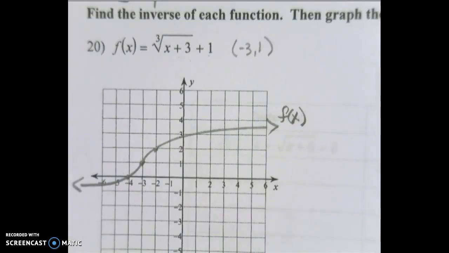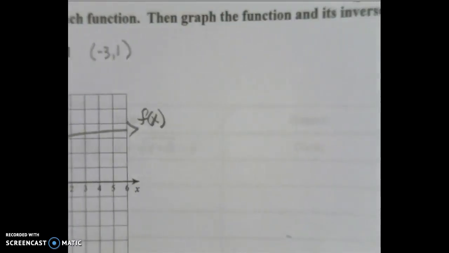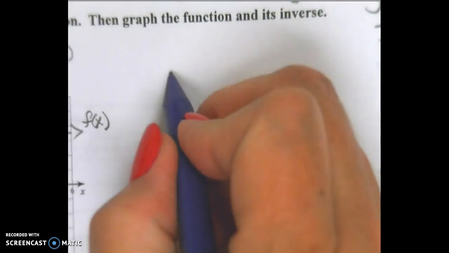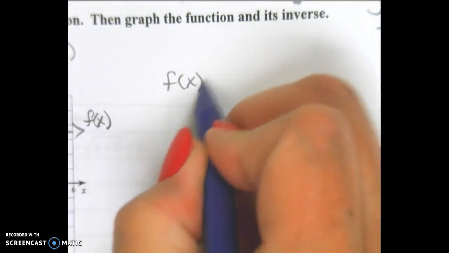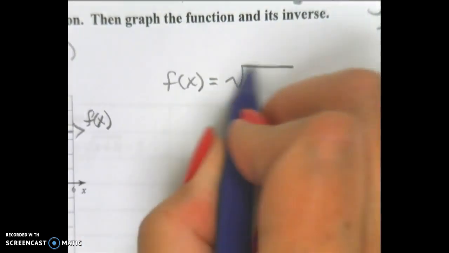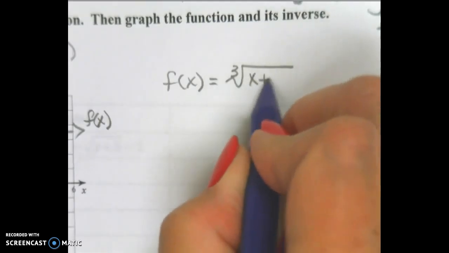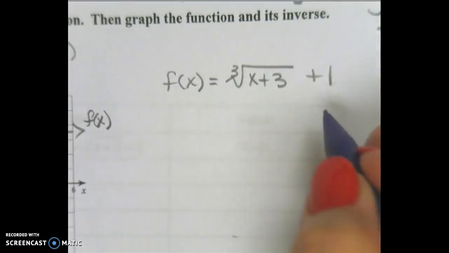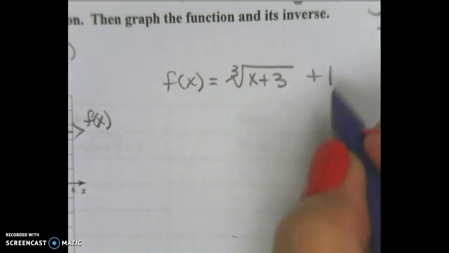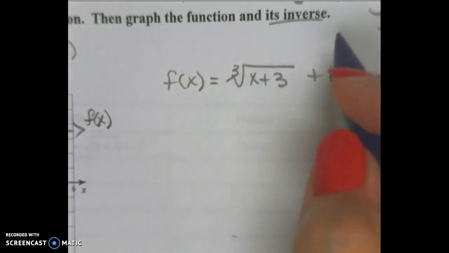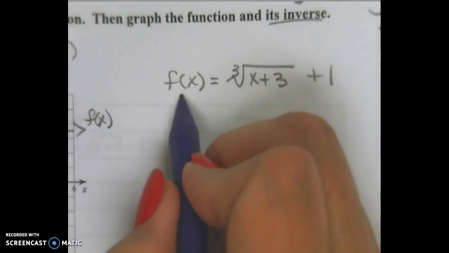Now I need to find the inverse. So I'm going to slide over here. My function says f of x equals the cubed root of x plus 3 plus 1. To find its inverse, change this to my y.